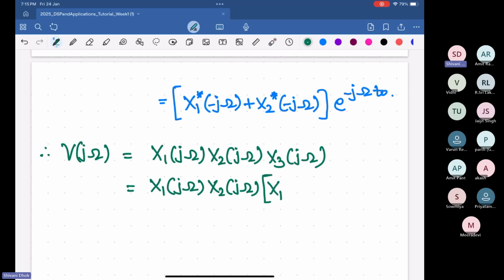So this is x1 conjugate of minus j omega plus x2 conjugate of minus j omega multiplied by e power minus j omega t. So this is the final answer. Any questions?